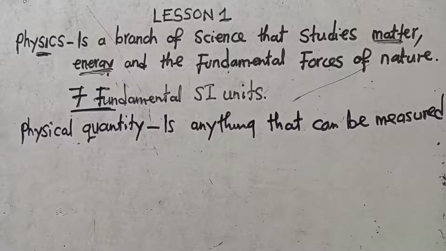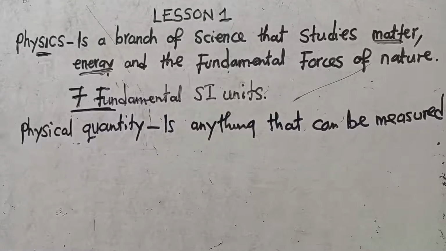These things that can be measured have their specific SI unit that you need to understand. These SI units are used to measure various physical quantities and provide a standardized way to communicate scientific information. You discover that instead of going to USA, you go to Nigeria, they are using their own units.